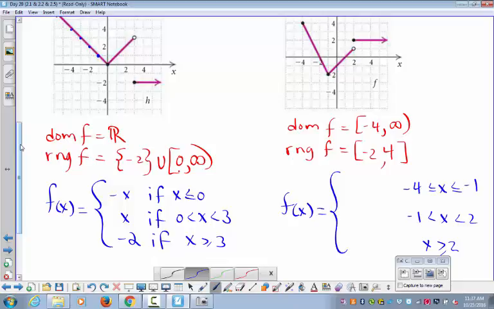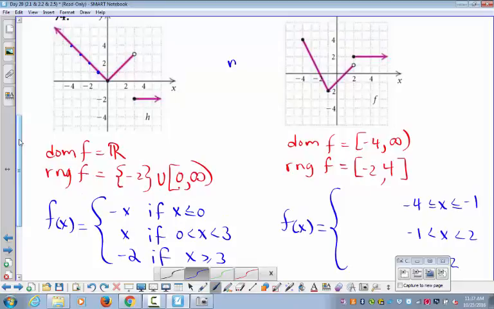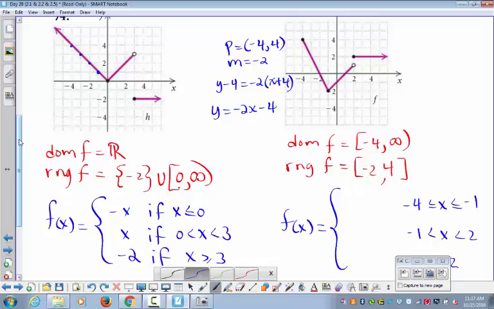So point-slope, for that first one, we know that the slope is -2, and that point up there is (-4, 4). And then for the equation, we do y minus y1 equals slope times x minus x1. So it would be -2x minus 8, but then we're adding 4, so minus 4.